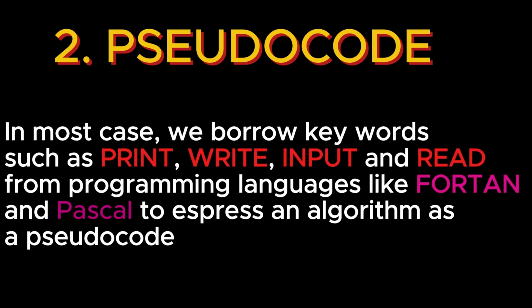In most cases, we borrow keywords such as print, write, input, and read from programming languages like Fortran and Pascal to express an algorithm as pseudocode. As we have seen, we use print or write when we display, input as a declaration, and read to get input. So that is pseudocode.